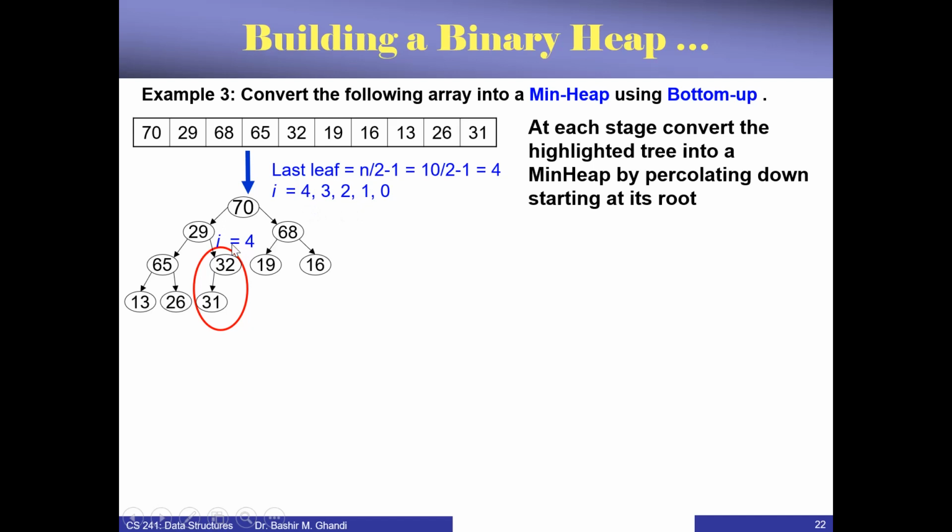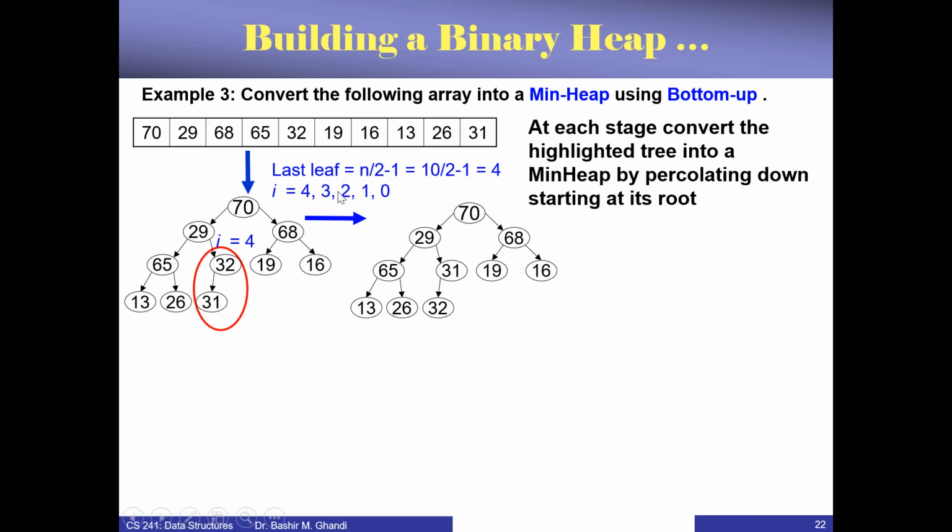First the one at index 4: convert it into a heap using percolate down, starting with its root. The root of this tree is 32, and this is our reference point. We need to percolate it down. So 32 will go down and 31 will go up. 32 will now be a leaf, so we are done with that step. As you can see, 32 has come down, 31 has gone up.